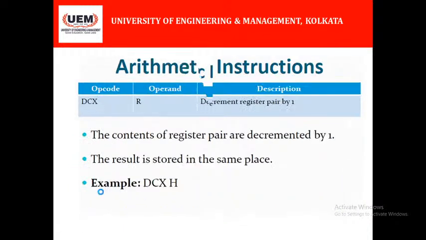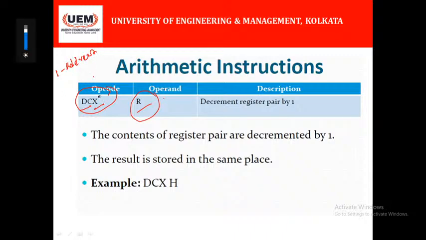Our last instruction is DCX R. In DCX, DC is for decrement, X is for indirect, and R is the operand. How many operands are there? Only one. So needless to say, it is a one address instruction. Next, because there is an X, we can say that it is in indirect addressing mode.